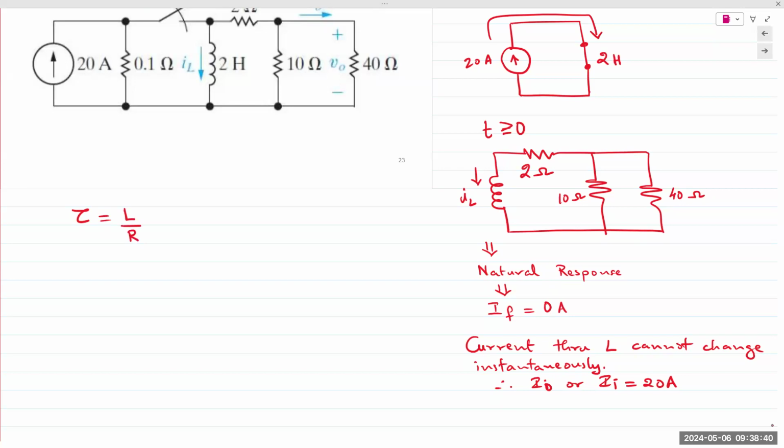Which R do we take? The one in series, the one in parallel? It's discharging through all 3 resistors, so it has to be Req, the total equivalent resistance as seen by the inductor. So we have to remove the inductor from the circuit and find Req.